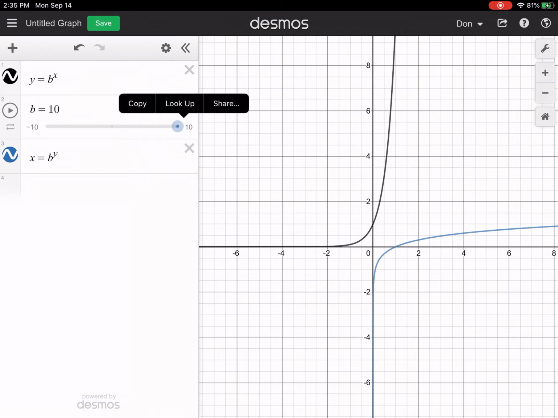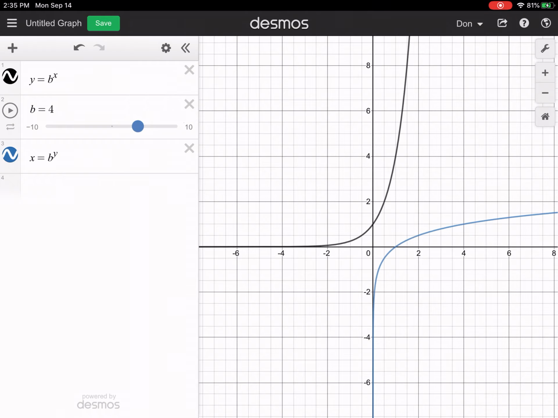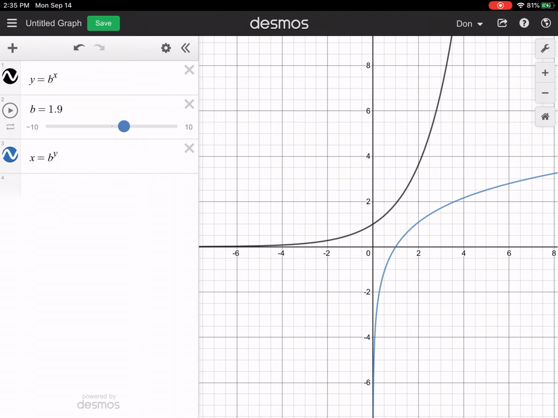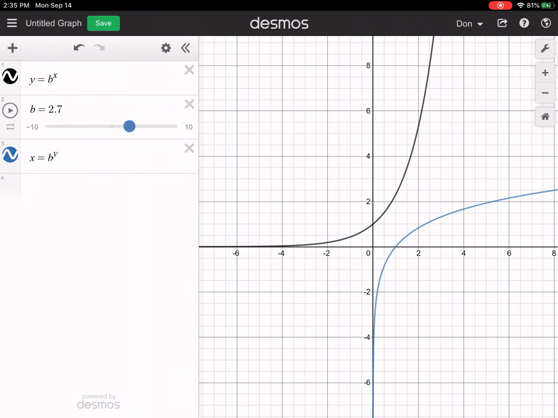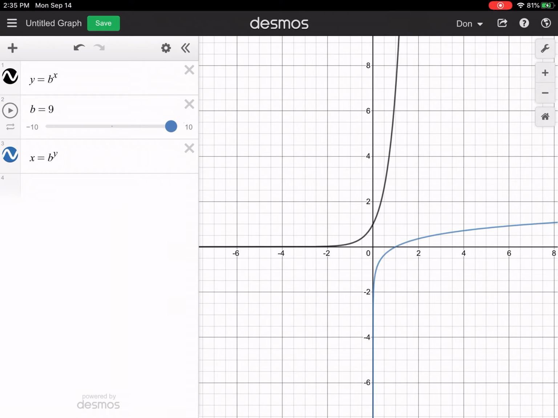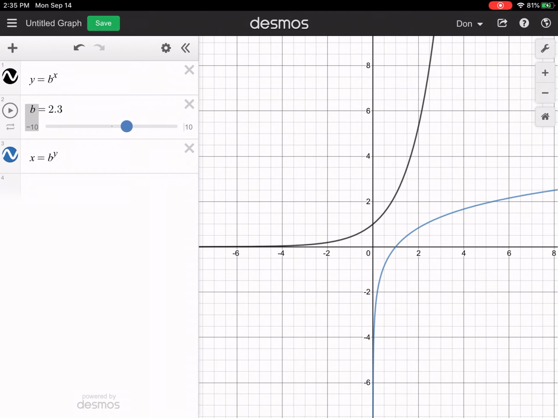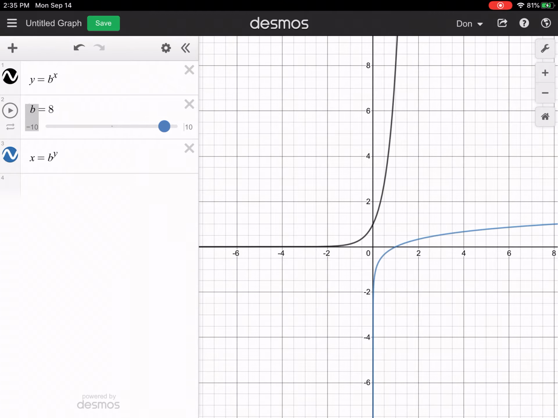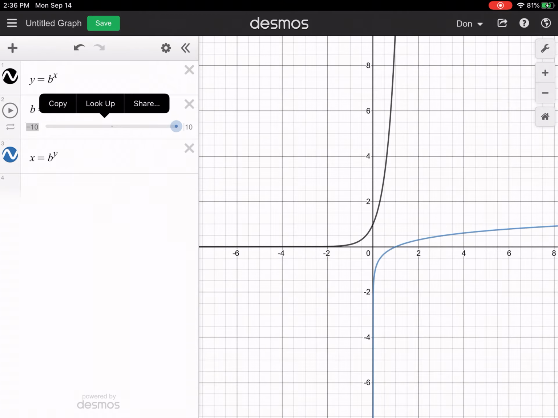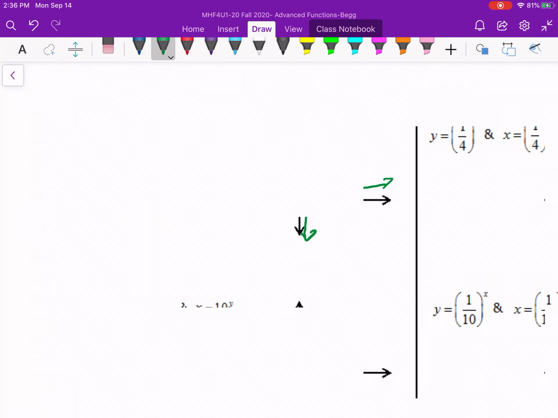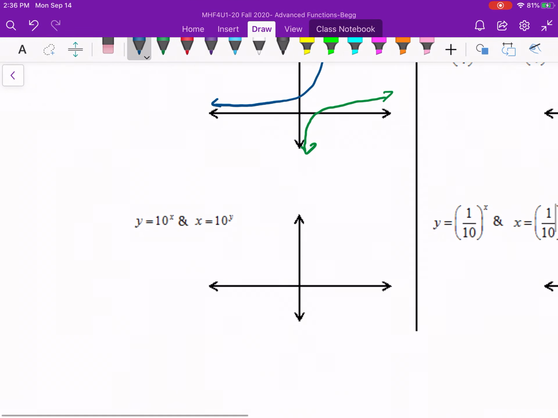It's becoming steeper and steeper. Right? If I bring it back down, there it is at a very low 1.9, but if I bring it up, you can see it gets steeper, back and forth. Less steep, more steep. Less steep, more steep. Lower b value, greater b value. So they're the same, just more extreme when b equals 10.